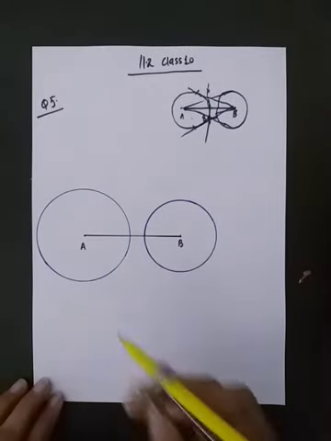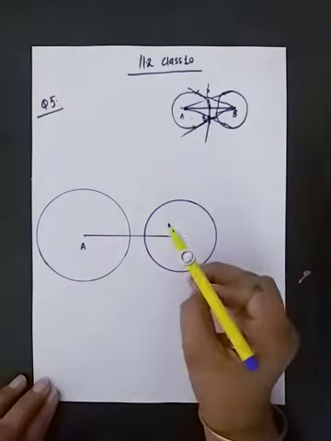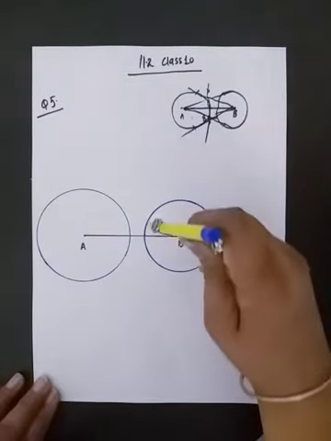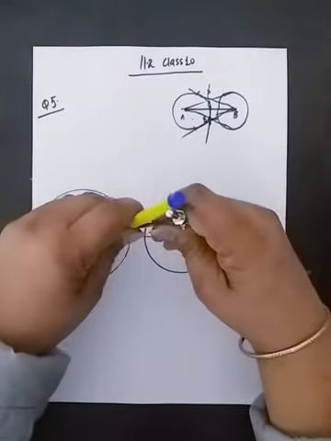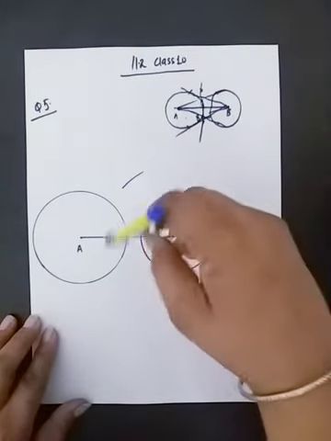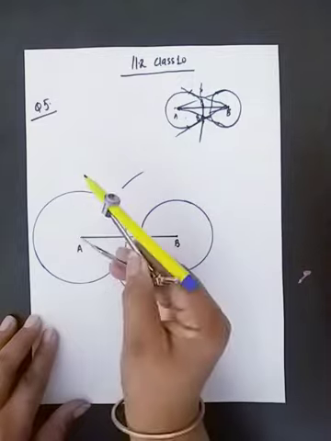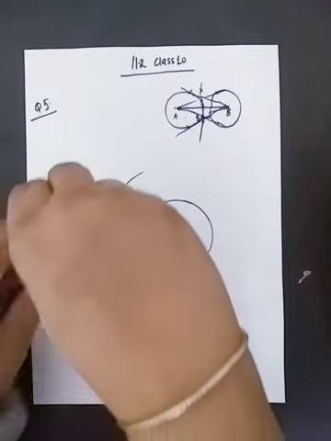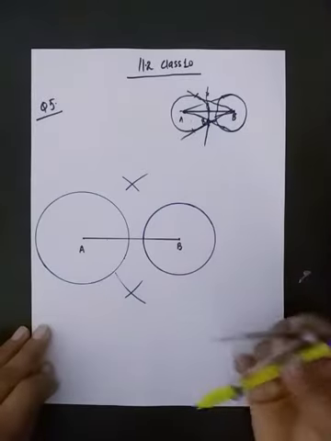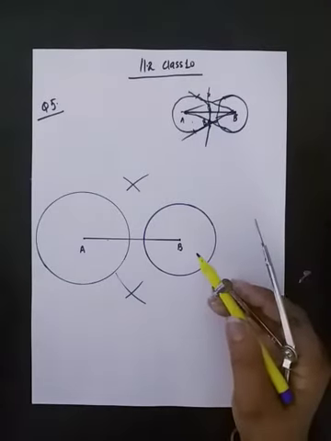Our next step is to join the center of circle with the exterior point, and it is already joined. So we have to draw the perpendicular bisector of AB. With same radius, we have to mark two arcs again.